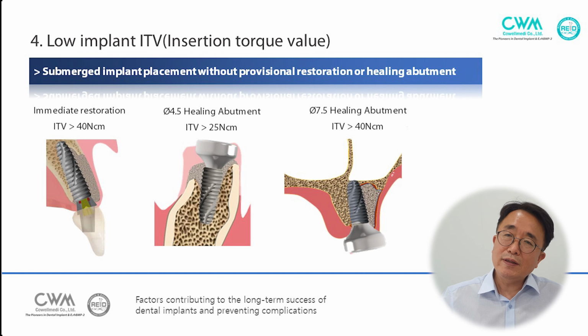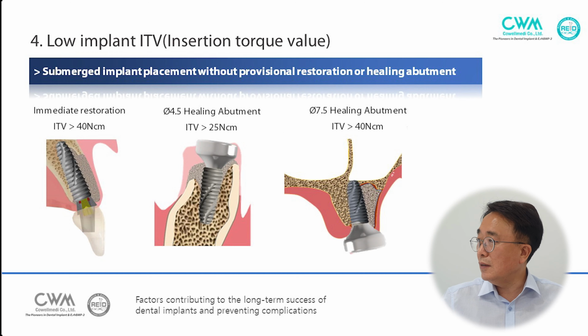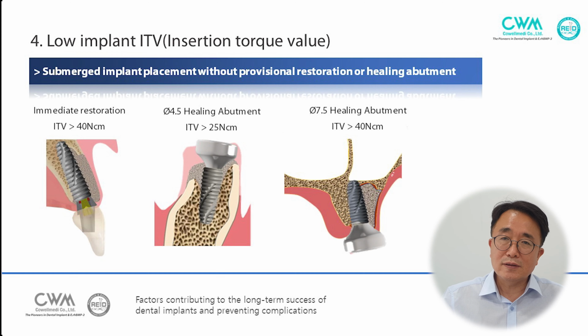So ITV is very important, but the bone quality is lower, especially in the upper molar. So in this case, you have to connect a conventional diameter 4 or 5 healing abutment at an ITV of 25 Newton centimeter.